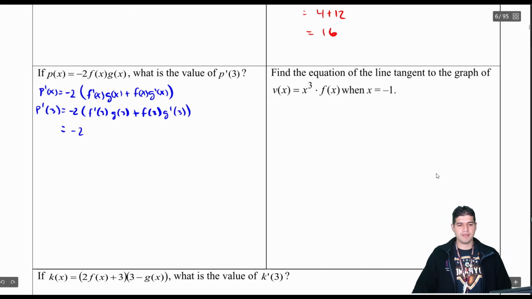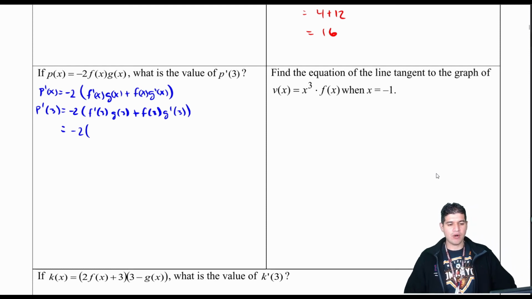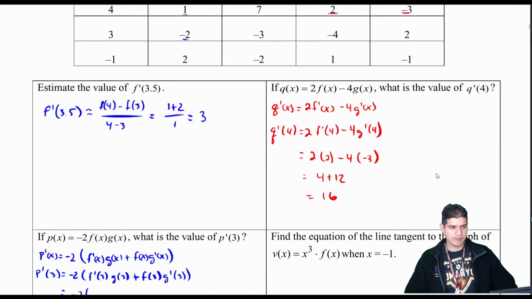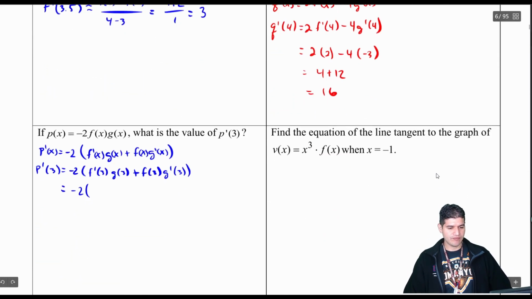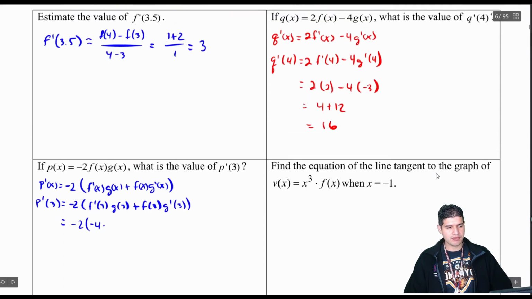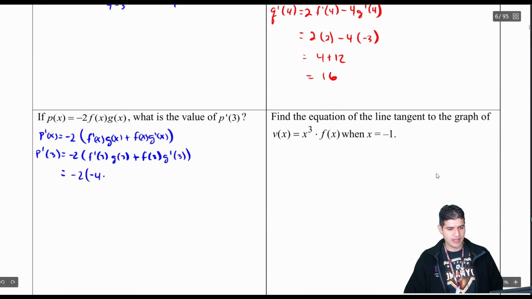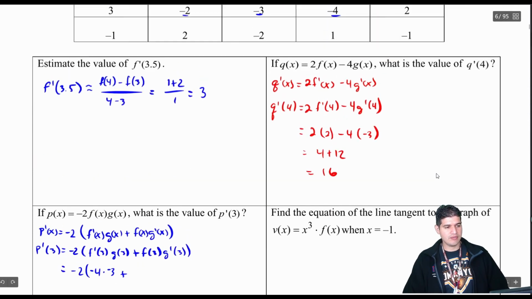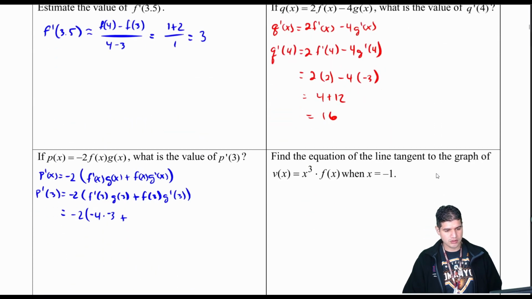Let's see what we can do with that. f prime of 3, I just need to grab from my table, that's going to be negative 4. So that's negative 4 times g of 3, grabbing that from my table, negative 3. So times negative 3. Plus f of 3 from my table, that is negative 2.